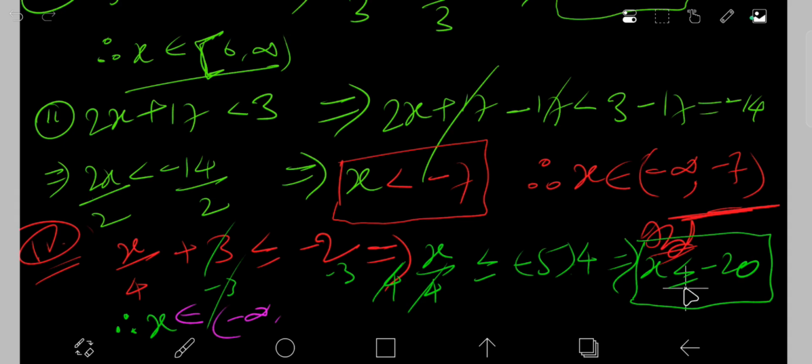And since the equality sign is included, we take a closed interval on the right side, minus infinity to minus 20. This is our answer. Now you see another question.